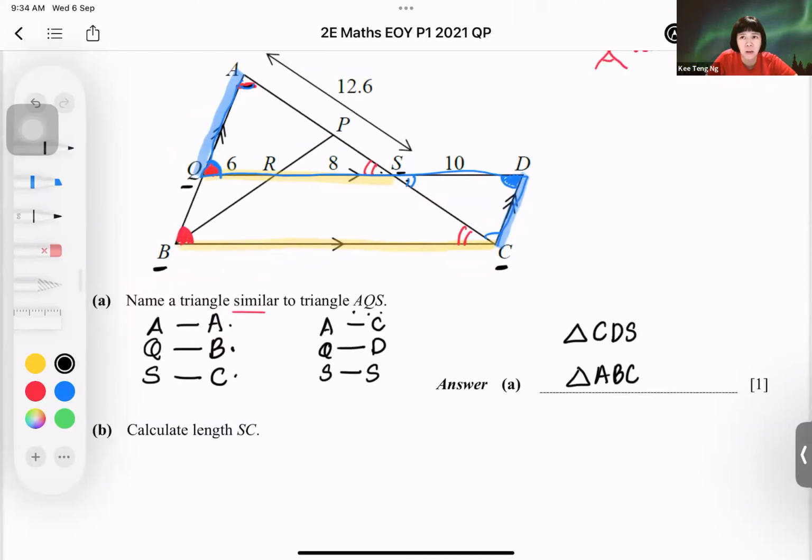Okay, there's a couple of different answers, a variety of answers. So there are technically two different kinds of similar triangles over here.